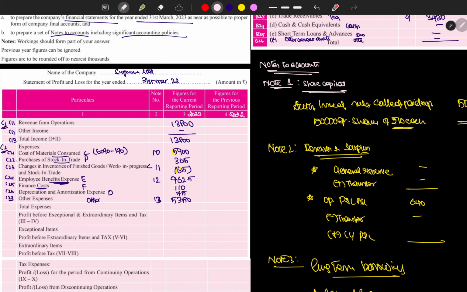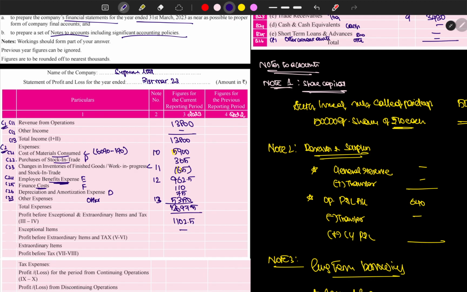Yes, we have removed it. So let's find out the total expenses, which is 5,900 plus 365 minus 65 plus 962.5 plus 110 plus 75 plus 5350, which is 12,697.5. 12,697.5 minus 13,800, which is 1,102.5.